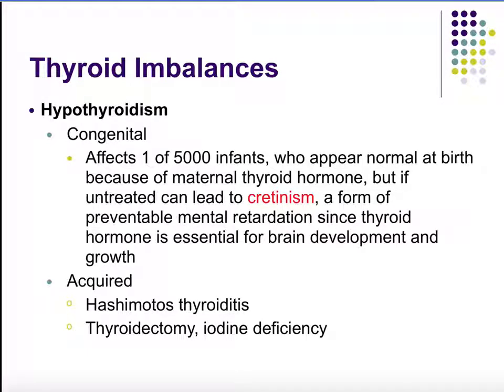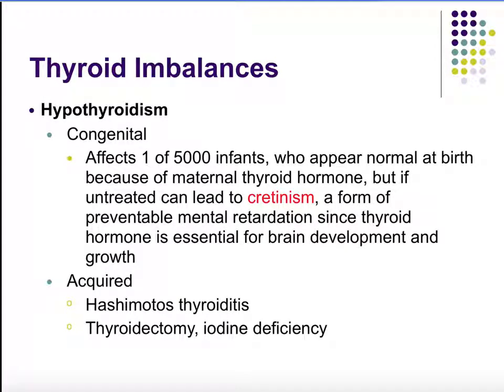hypothyroidism. So hypothyroidism, low thyroid hormone, can be congenital, so something that you are born with. It affects about 1 in every 5,000 births. And these infants will actually appear normal at birth, and that's because they will have the mom's thyroid hormone while they're in utero.